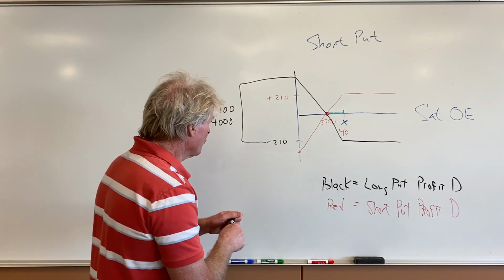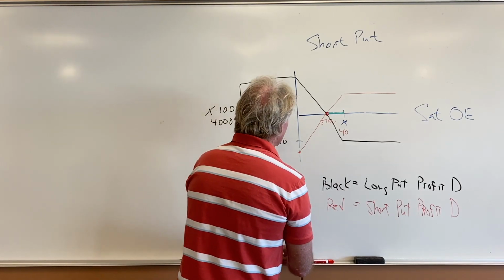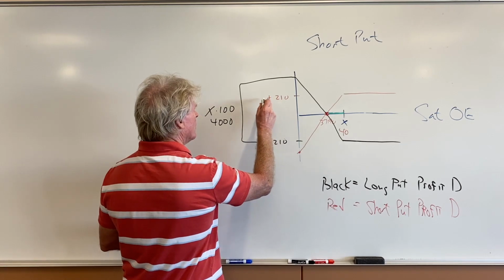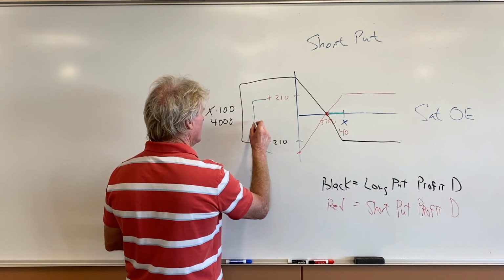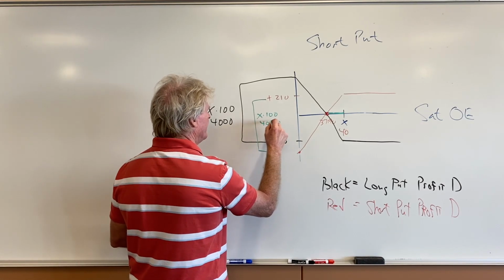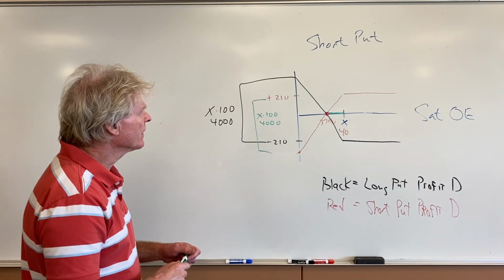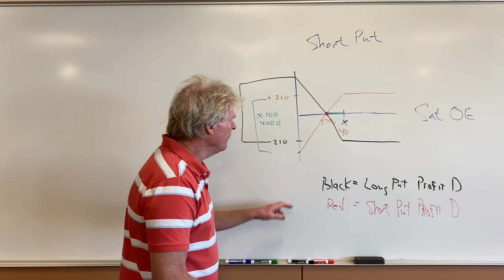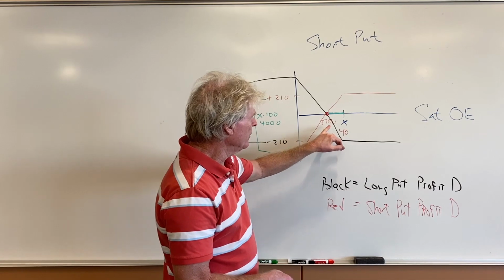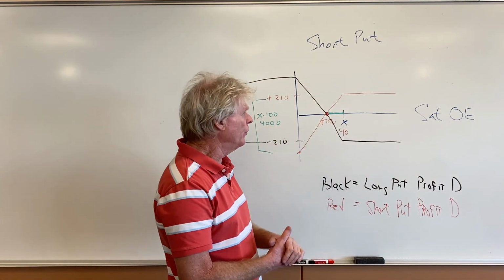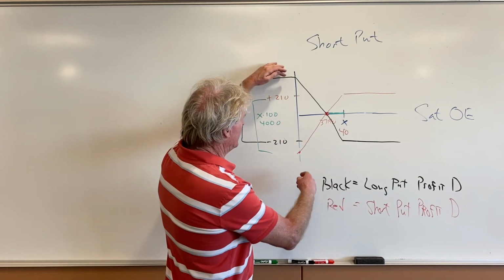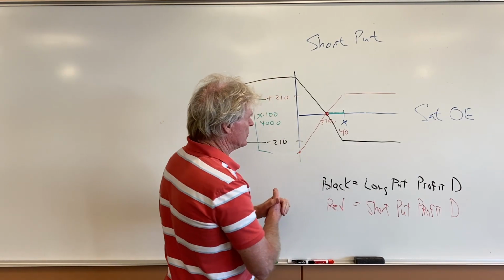And it's also true that this distance between this and this will also be X times 100, again 4,000 here. Okay. All right, so again, a very important visual to have. We've seen how to calculate a break even for both long and short put positions. We've seen, again, the distances, X times 100.